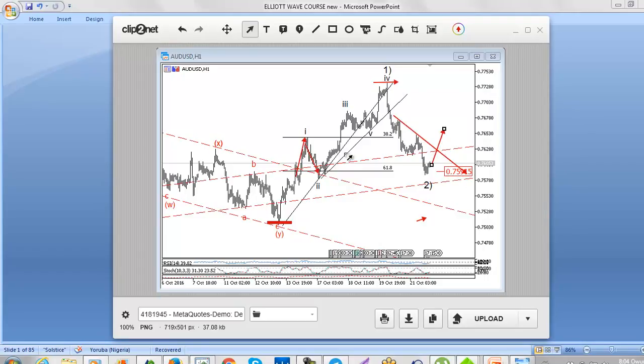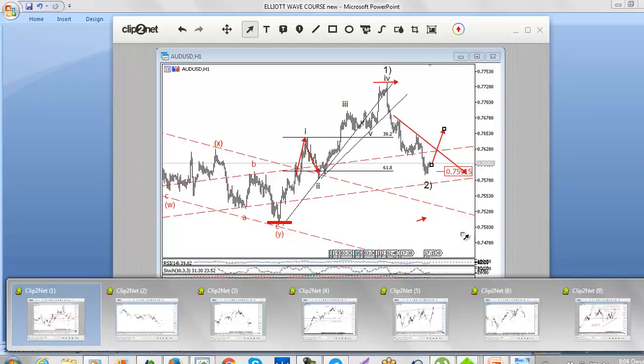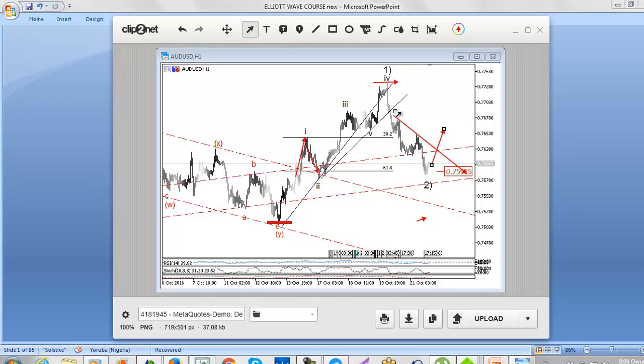If price is able to leave this channel at 61.8% retracement of this breakout of the double zigzag, then we may see price continue rallying upside this week and probably in the coming week, and such a move is expected to be even stronger than this one.